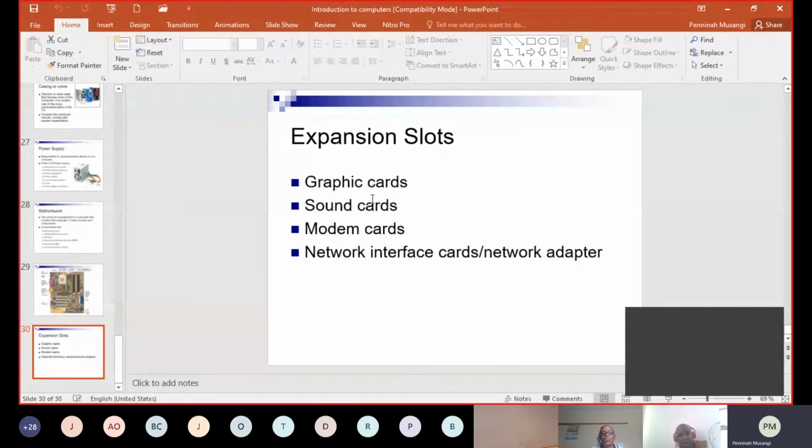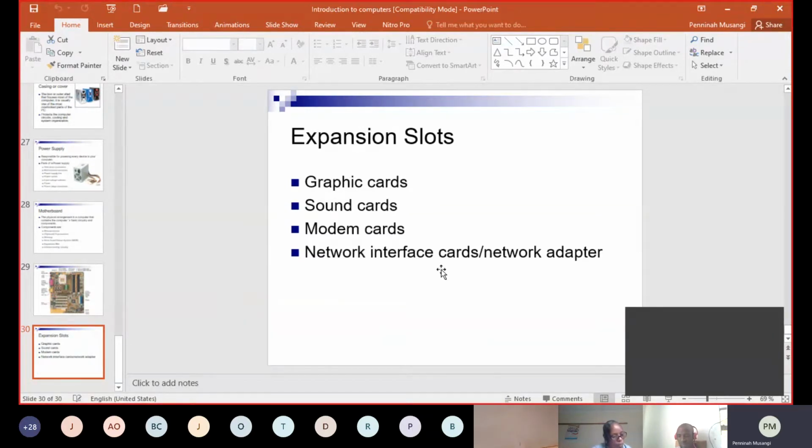So where do you add it? It has come with a slot where you can fix that. So it has slots for graphic cards. If your computer is not able to recognize graphics, you just buy that card and you put it in that slot. It has a sound card, modem cards, and what we call the NICs.